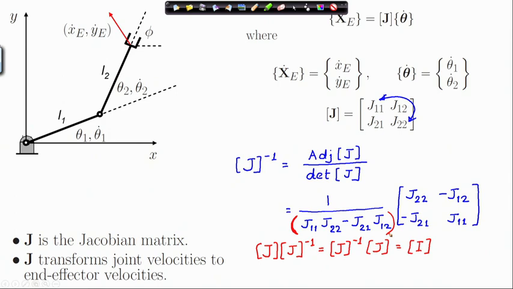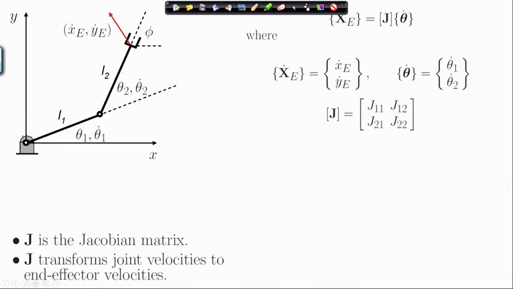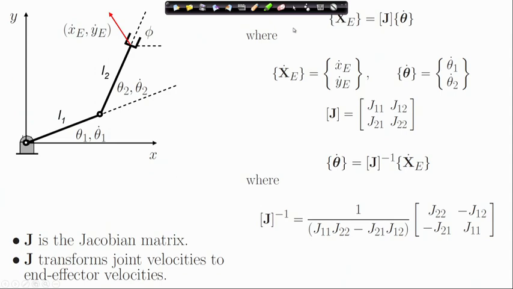If it vanishes, then we have a problem, and we are going to look at this problem in detail in a subsequent lecture. So, right now let me formalize this. As I have mentioned, we have this inverse obtained by the adjoint of the Jacobian divided by the determinant of the Jacobian, and the adjoint is the transpose of the cofactor matrix.